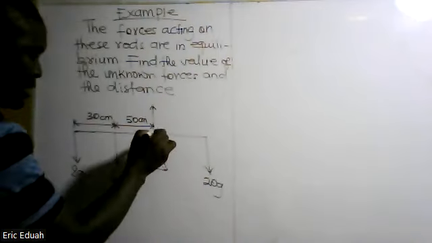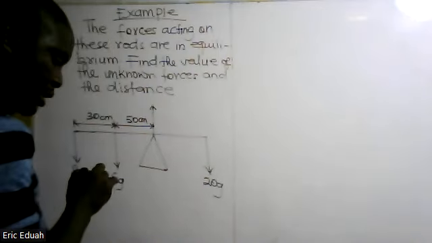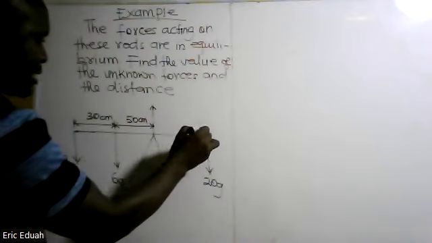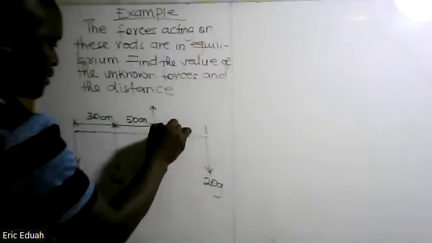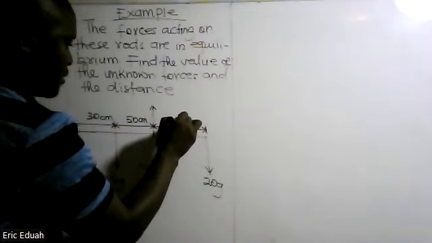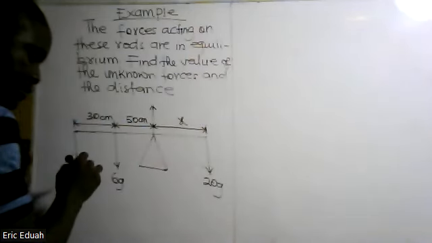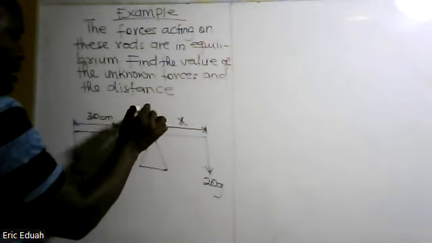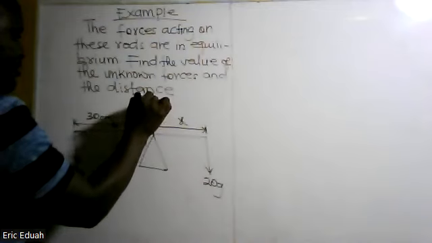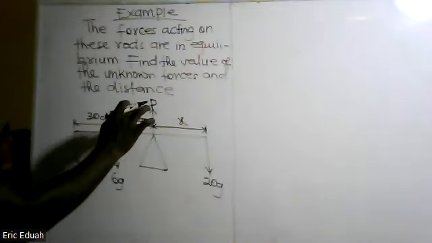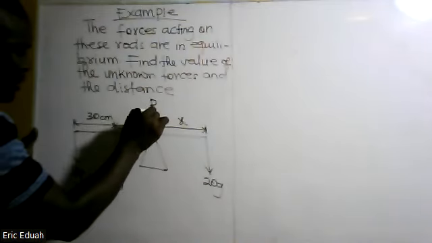Then lastly, the 20 gram mass is at a distance of X. There is a force P, reactional force P on the pivot.